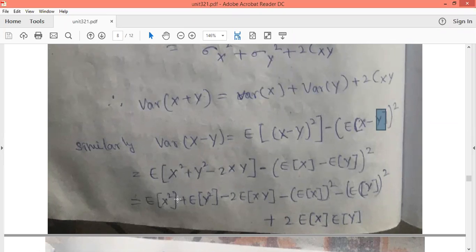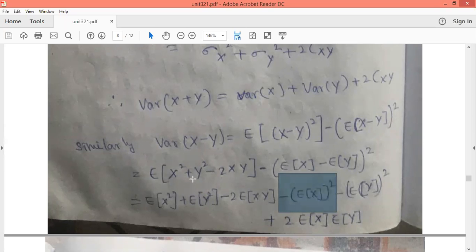Now apply expectation to each and every term here. So this is expectation of x square plus expectation of y square minus 2 expectation of xy, minus, expand this. If you expand this a minus b whole square form, we get expectation of x whole square plus expectation of y whole square minus 2 expectation of x into expectation of y. In the same way here also we can combine these two terms: expectation of x square minus expectation of x whole square gives us variance of x.